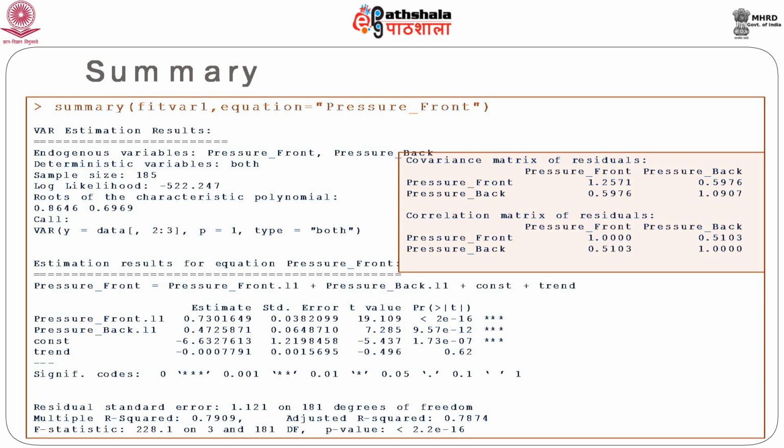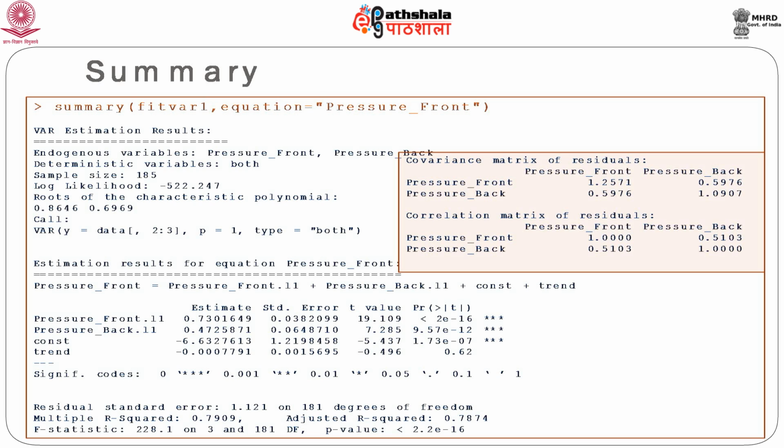Here you can follow any order, but you just have to mention the name of the variable. The name of the variable in the data frame that I passed is pressure_front. So you just mention pressure_front for the equation, meaning the summary of the equation corresponding to pressure_front. That will generate the results.